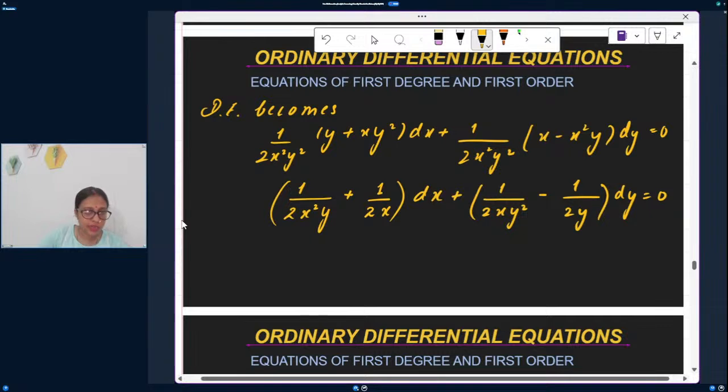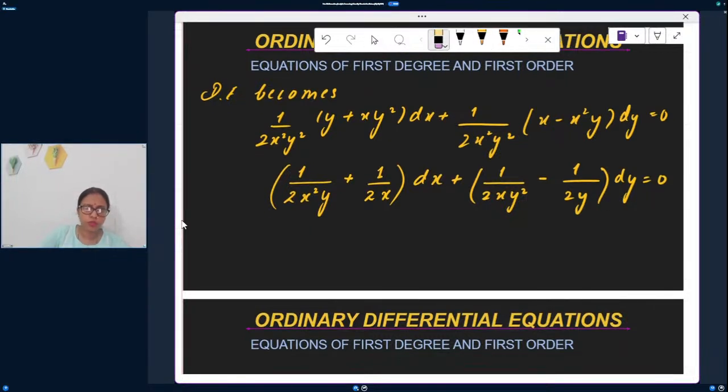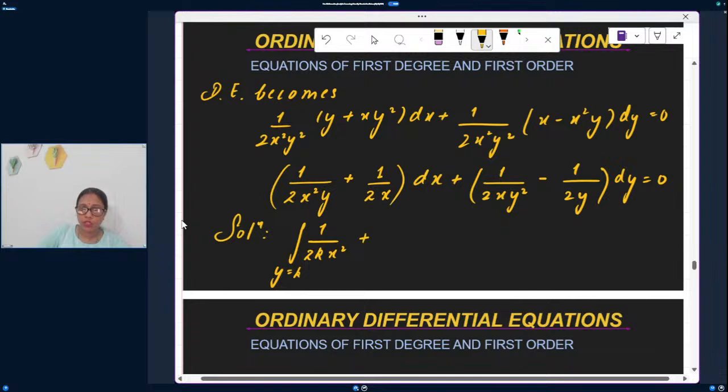You can check the exactness if you want, but there's no need to do that because we know it is going to be exact. So you can write the solution. Solution is integration of this, keeping y as constant. So minus 1 by 2x plus 1 by 2x dx plus integration of the term not containing x, so it's minus 1 by 2y dy is equal to constant.